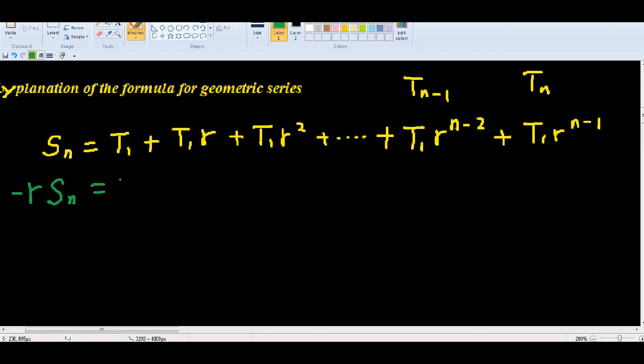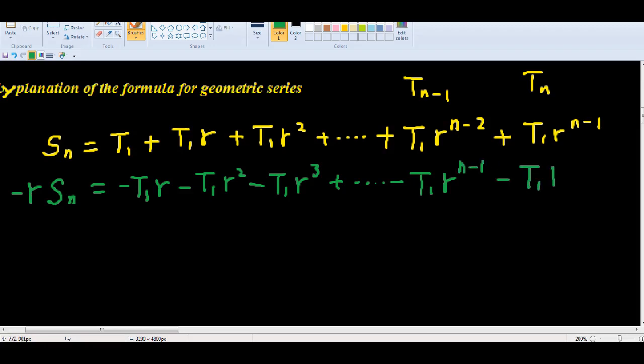For the first term it becomes minus T1R. For the second term it becomes minus T1R squared, because originally it's T1 times R. Each power goes up by one, so n minus 2 becomes n minus 1, and the last term becomes minus T1 times R to the power n.